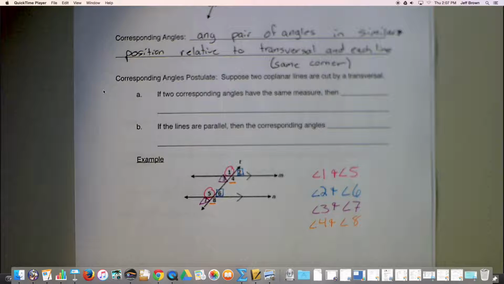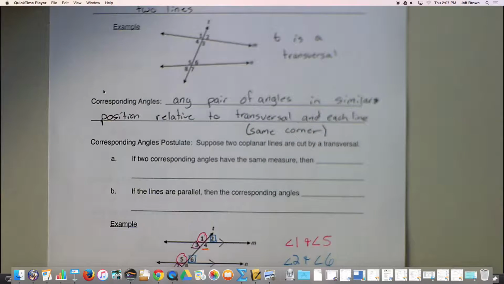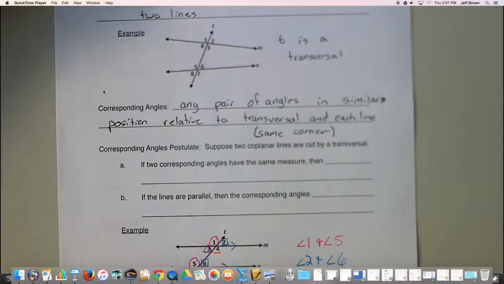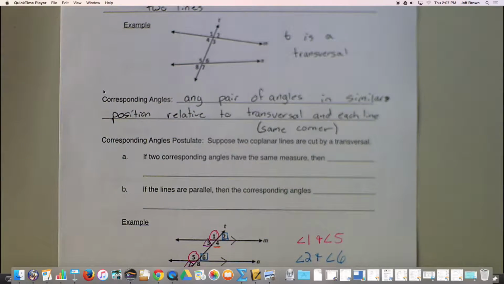Alright, so let's go ahead and go back up to the one that we skipped here. So we have another term, a postulate here. If you remember, the postulates are those things that we're taking to be true and that we don't have to prove. So our theorems we got to prove, our postulates we don't. Alright, so we have a postulate regarding corresponding angles.